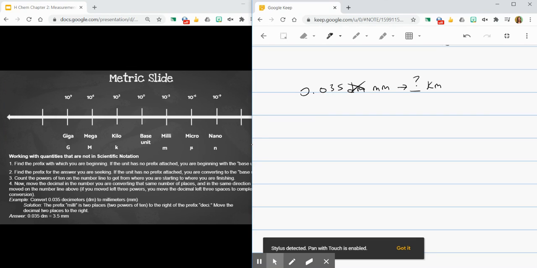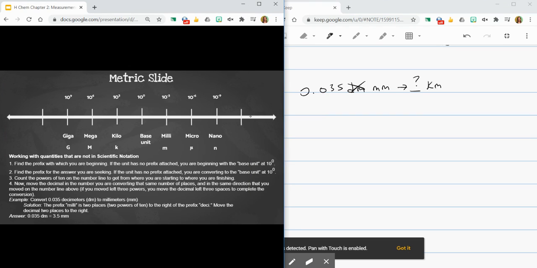All right, so where am I starting? I am starting right here at millimeters, which is 10 to the negative 3rd power. Where am I going? Kilometers are over here, 10 to the positive 3rd power. So how much does the exponent of 10 change by? It changes by 3 and another 3. So it changes 6 powers of 10, and we're moving to the left here.